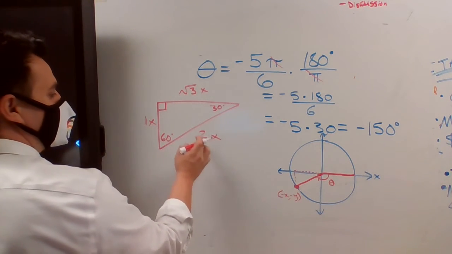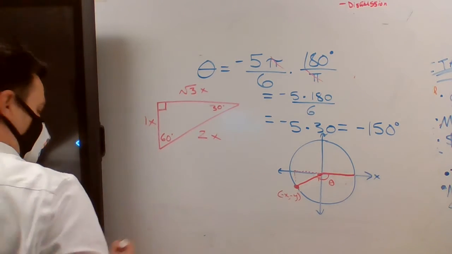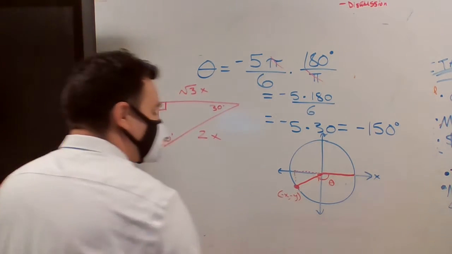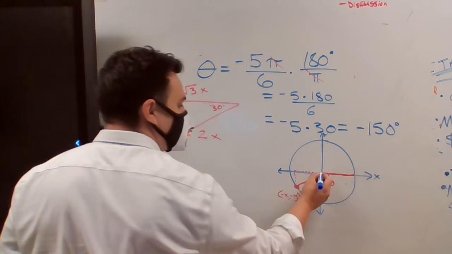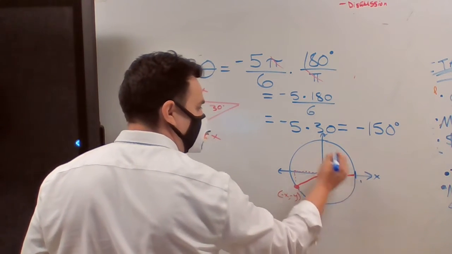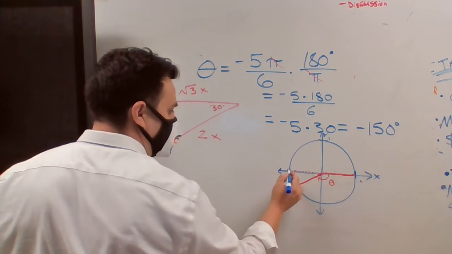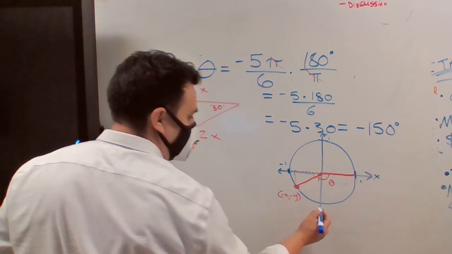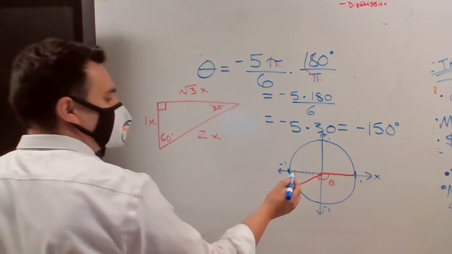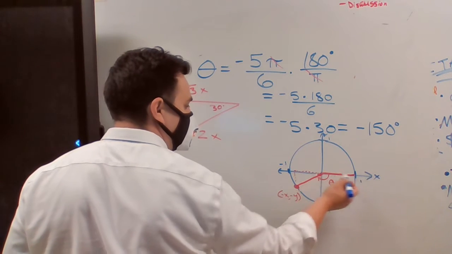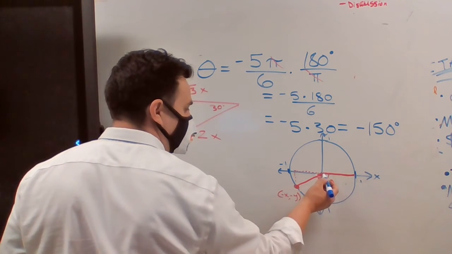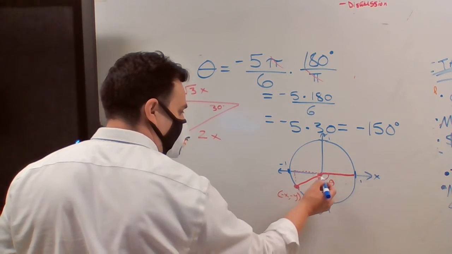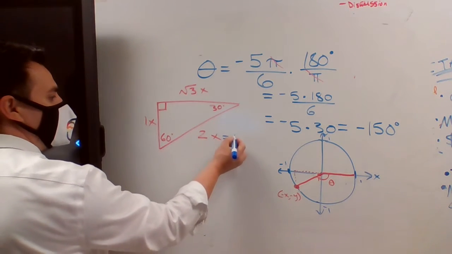In this case, it's not going to be 2. How much is it going to be? Well, let's see. This is a unit circle, so we know that that value is 1, that value is 1, that value is negative 1, negative 1. But in all of these cases, the magnitude, the distance from the center to the edge, doesn't change. This is still 1.